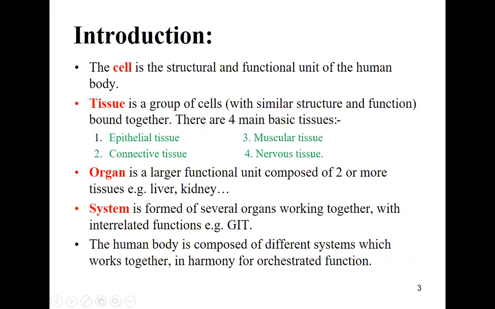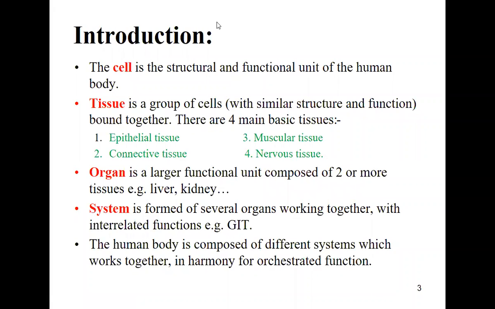Now, before we study the human body itself, we should know the smallest structure of the human body, that is called the cell. Cell is the structural and functional unit of the human body.